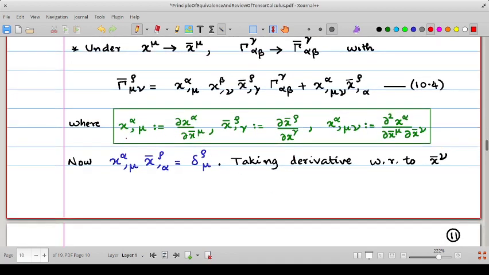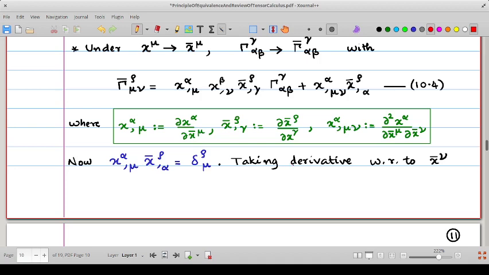Quantities like this and quantities like this are related to each other by the following expression: x alpha comma mu times x bar rho comma alpha. Now alpha appears here as a superscript and here as a subscript, and they will be summed over. So the result of this sum is equal to the Kronecker delta rho mu, the free indices on the left hand side.